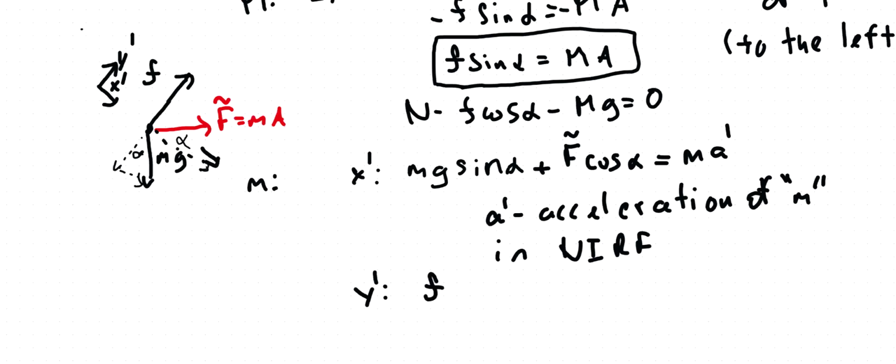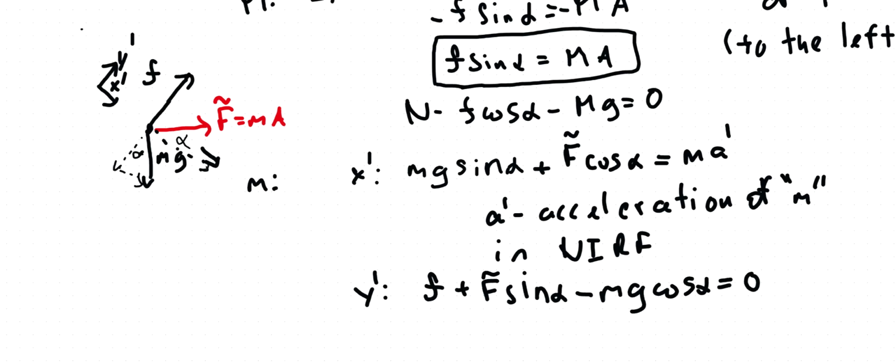You have the fictitious force, more precisely, its component which points upwards, which is F sine alpha, minus mg cosine alpha. And this is equal to 0 because in the y prime direction, we are not accelerating.